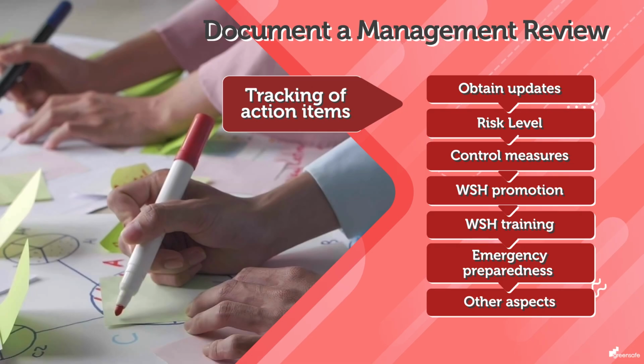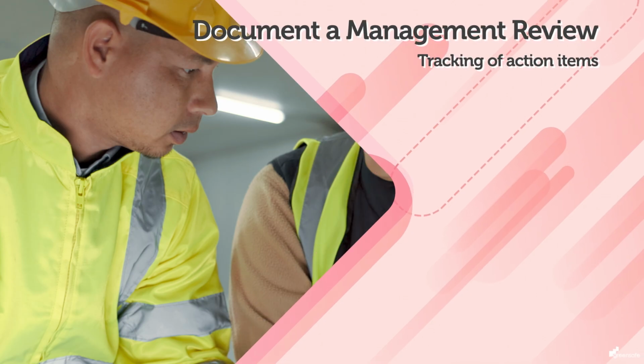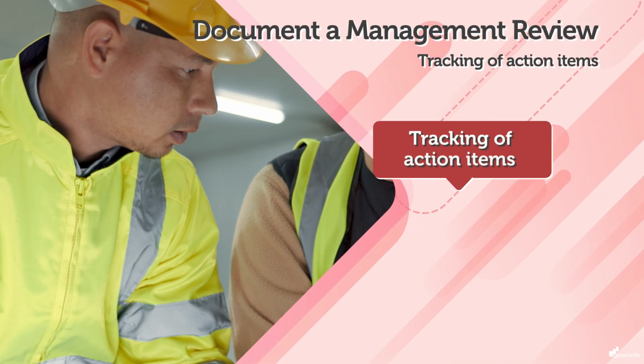By now, you can see that outcomes from management reviews can be varied and labor-intensive. Being meticulous is critical to getting this job done well. The good news is that you can use technology to help you track the action items.